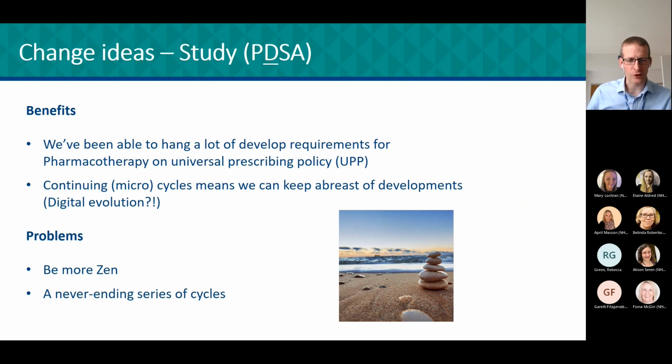So digital evolution is how I phrased it there, but I mean the publication recently from NSS, new GPIT systems from 23-24 in terms of the digital platforms and digital prescribing. So that will result in more changes again. And we recognise that we need to be a bit chilled about it, a bit zen, and that it will be a never-ending series of cycles. The PDSA cycles will just carry on. So next slide.